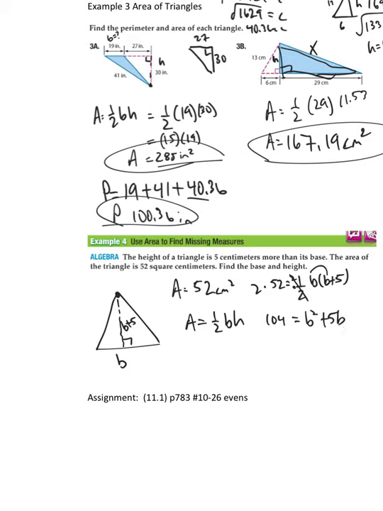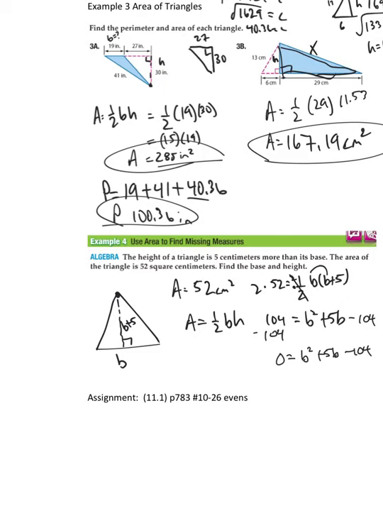Great deal of fun here for those of you still checking this out. This is a quadratic equation. We've got 0 equals b squared plus 5b minus 104. To solve this, I think we should be able to solve it by factoring. What are some factors of 104? 52. Let's try 26.